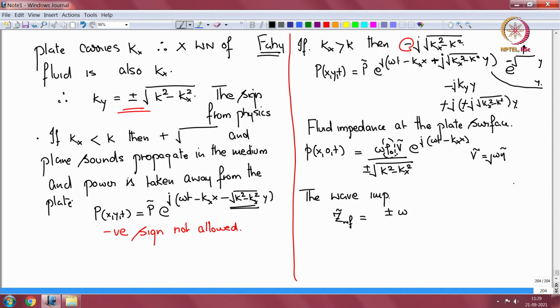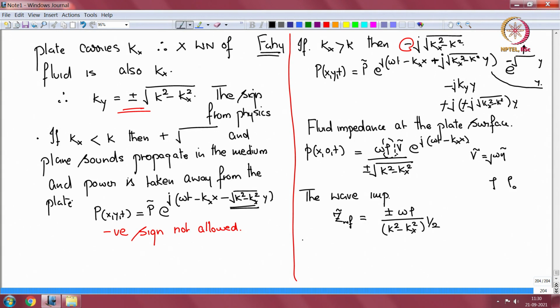I've either used rho for the fluid or rho 0 for the fluid throughout. So let me keep it rho for consistency. Rho is the fluid density. So omega rho by k square minus kx square to the power of half.